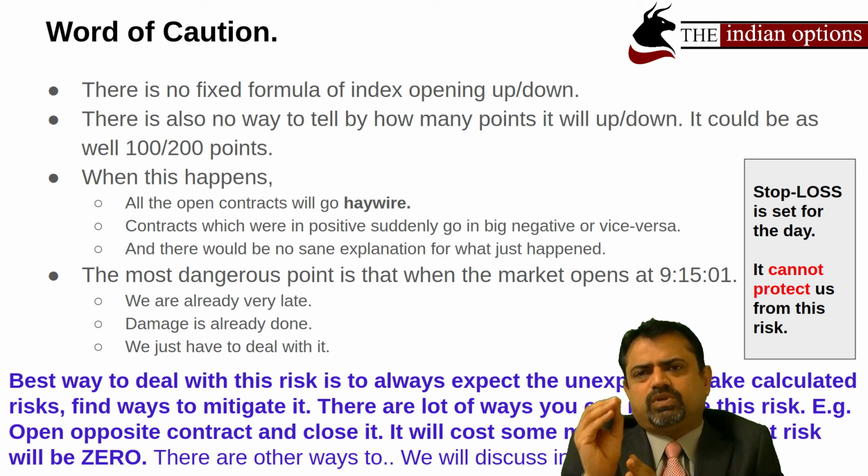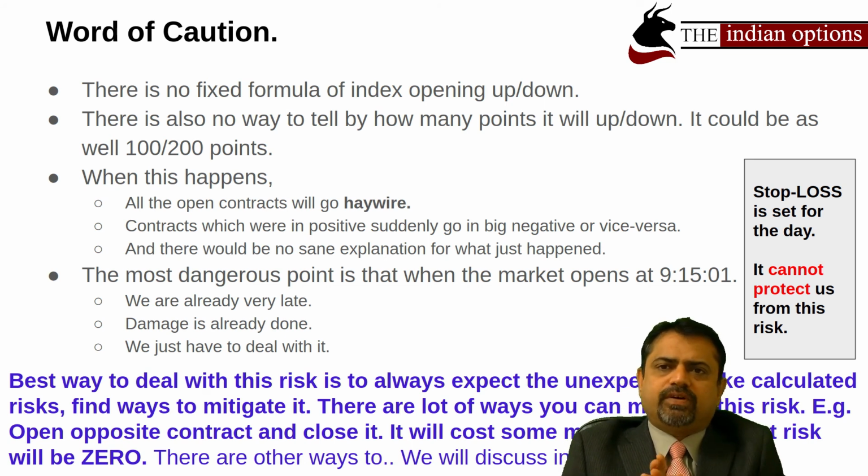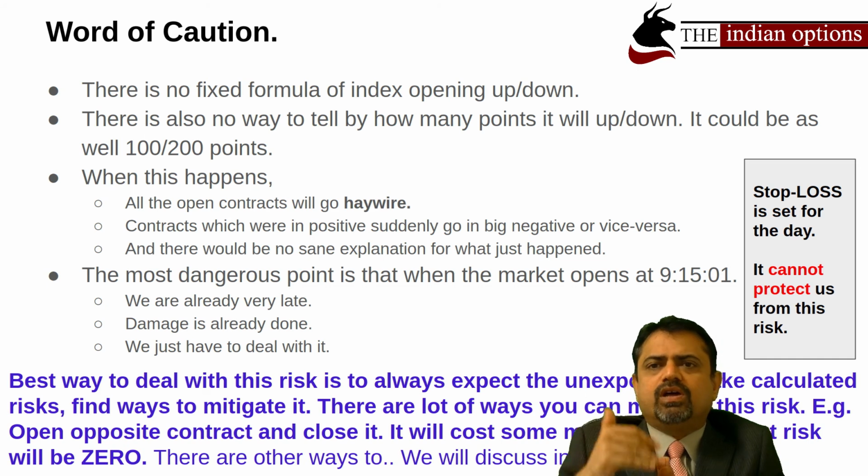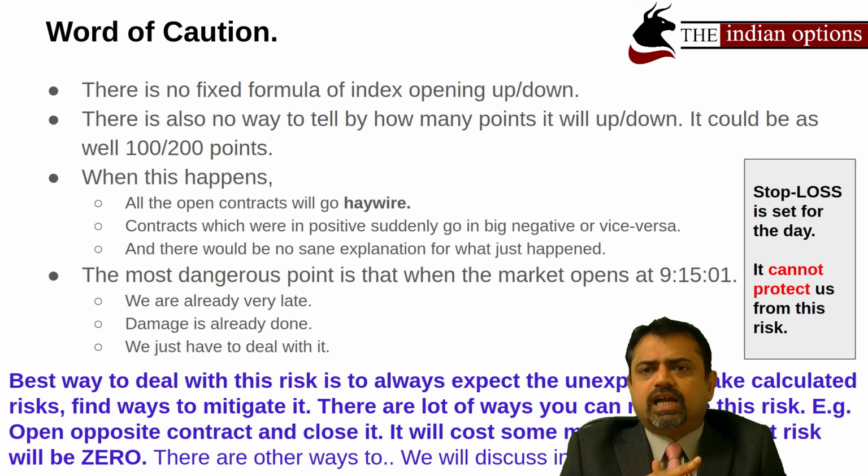It will cost you a small amount of money, but there are ways to mitigate these kinds of ups and downs and how they reflect on your trades. We'll talk about that in the trading strategies, as there is a separate section in our video series for trading strategies.